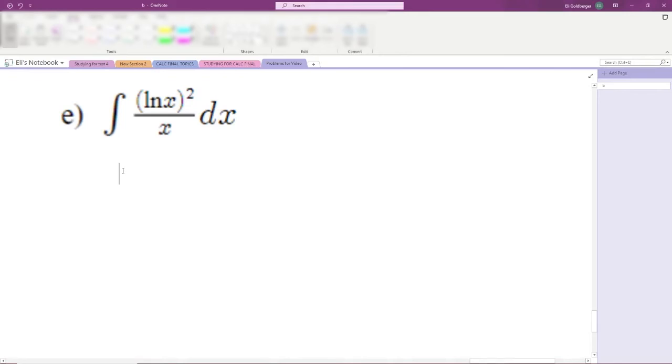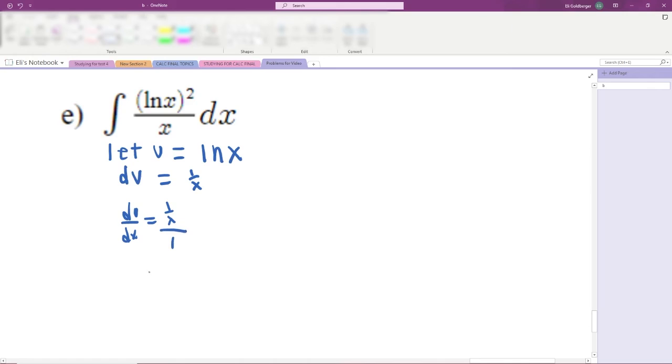This is question 23e. And right away we see this is squared, so let's try setting that equal to u. So let u equal natural logarithm of x. And then du equals 1 over x. And then du over dx equals 1 over x over 1.